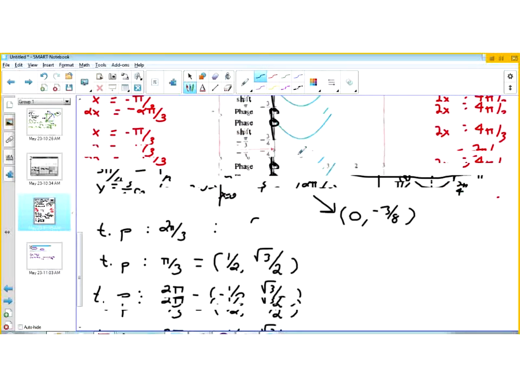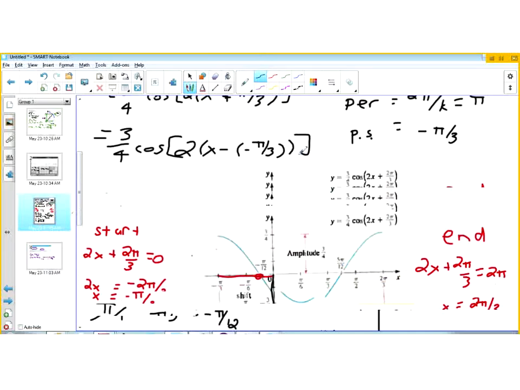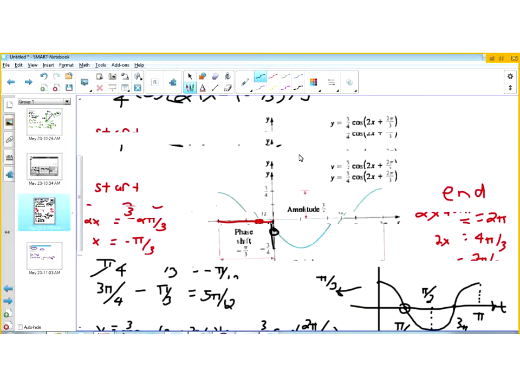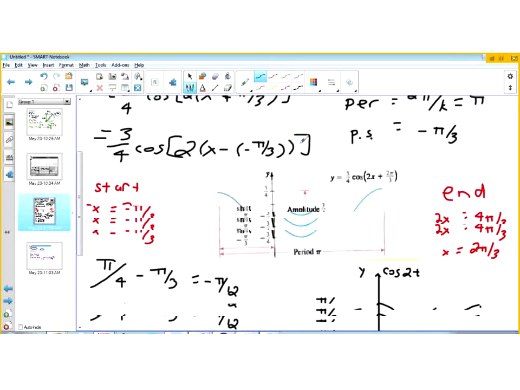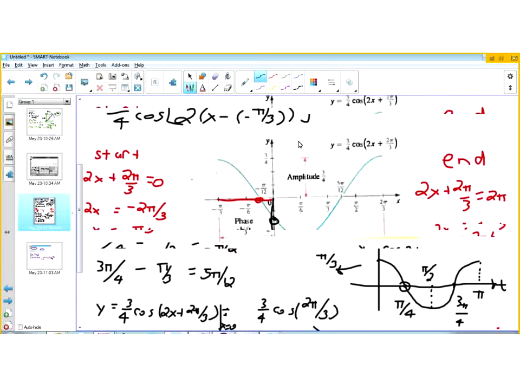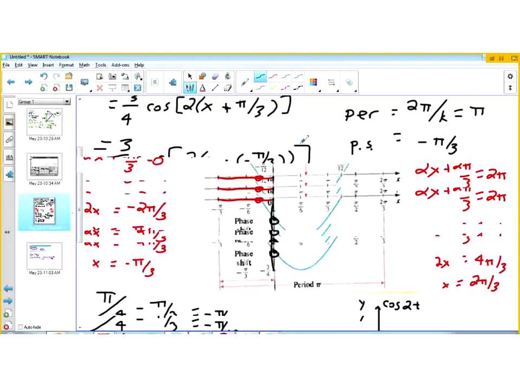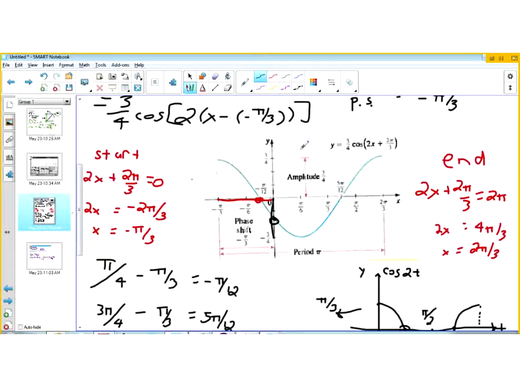So we can glean a lot of information from trigonometric functions. We've got the amplitude, the intercepts, the period, and the phase shift. Now, if you were to graph this function over several periods, it's easily done. All you do is take the set of points which make up the blue curve, copy it, and start pasting it at the end of the period.